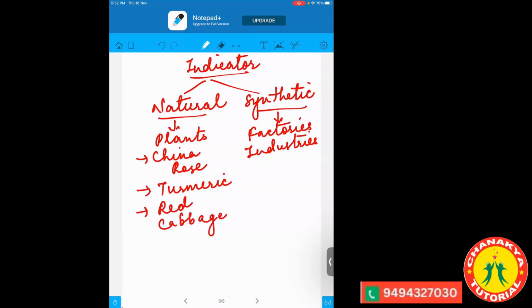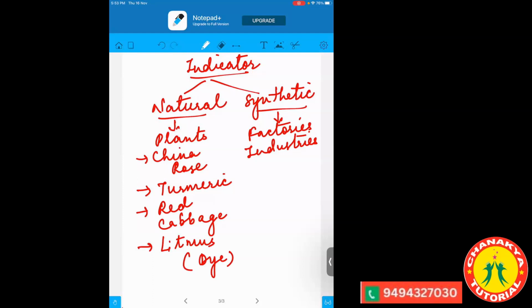You might have seen red cabbage in the market; generally at home we don't use it much. Red cabbage is also a natural indicator. Then litmus. Litmus is a kind of dye which also acts as a natural indicator. So these are the four different indicators we will be learning in today's class.